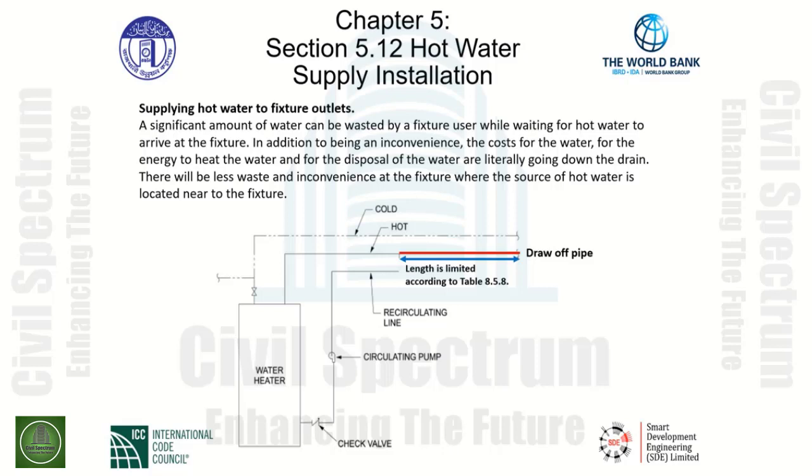It is then tapped in before it comes down to the recirculating line, back through the circulating pump, and continues the pumping throughout that local hot water loop. We are actually extending the hot water pipe from the point of the recirculating line again to the draw-off pipe. This length is limited according to Table 8.5.8.